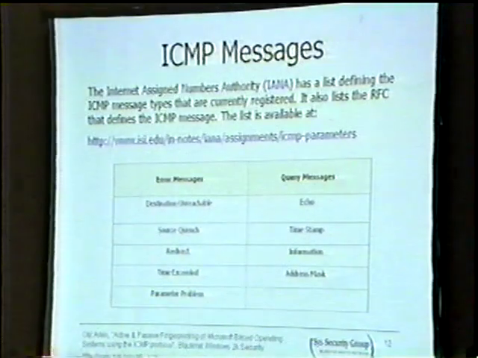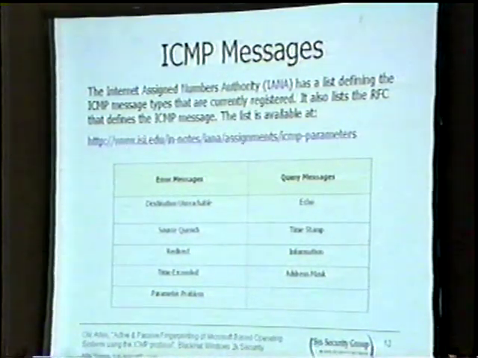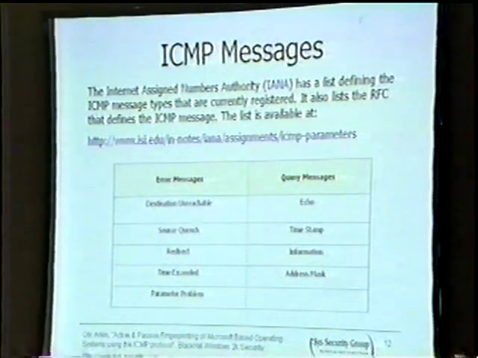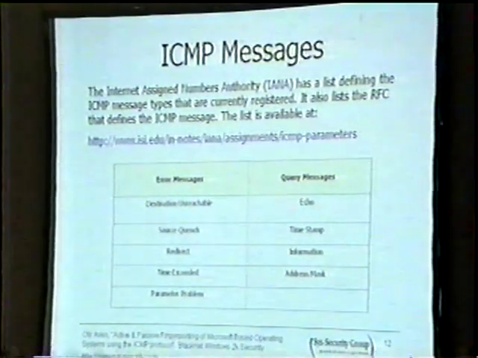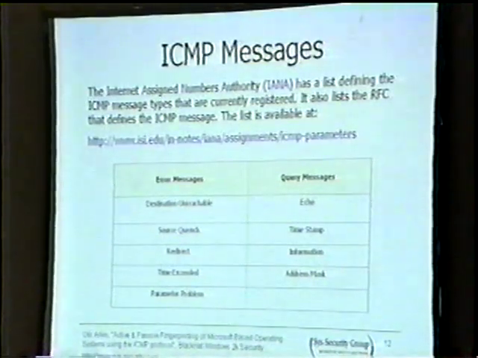The last error message is parameter problem, which will be issued when a field inside the IP header has bad content, such as if we play especially with 3 fields: the header length, the total IP length, and the IP options. Then we will get back a parameter problem error message.